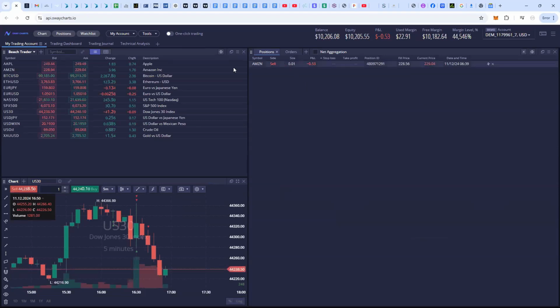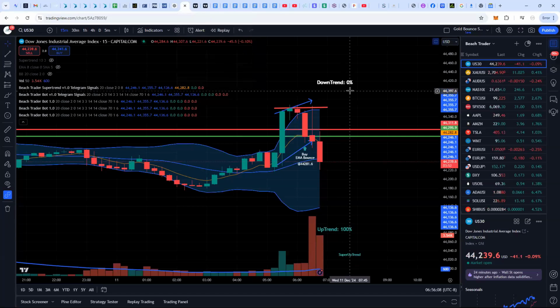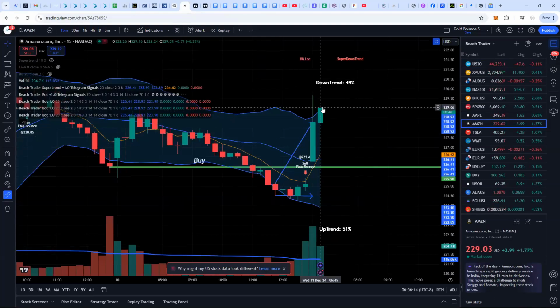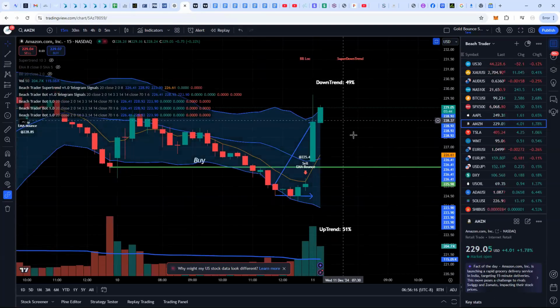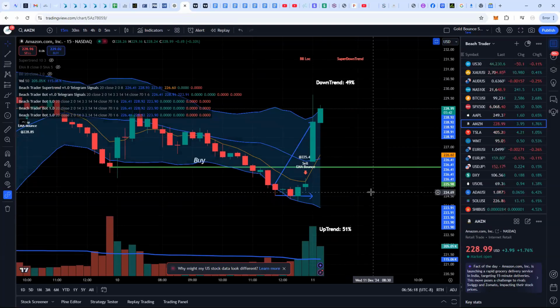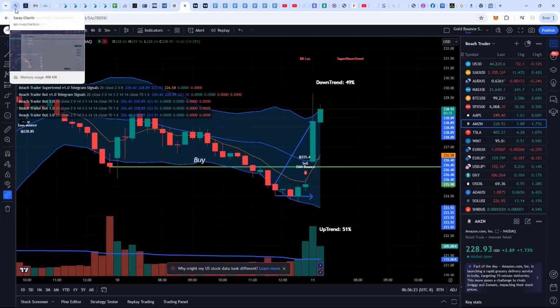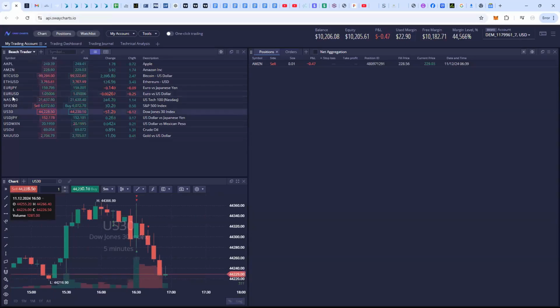And we're still in the Amazon trade. Let's look at Amazon one more time and see what Amazon's doing. And Amazon is outside the Bollinger Band right here. So I like Amazon coming down because it's in the Bollinger Band like that. So I'm going to go ahead and make another Amazon trade.